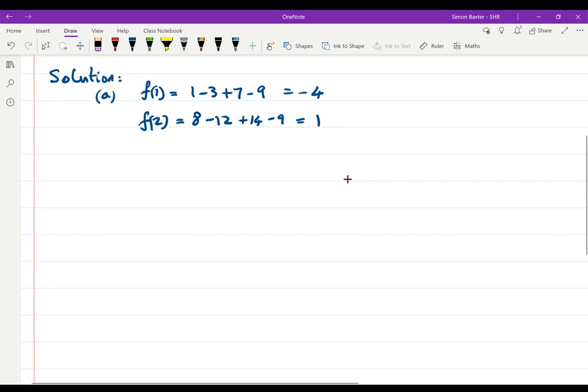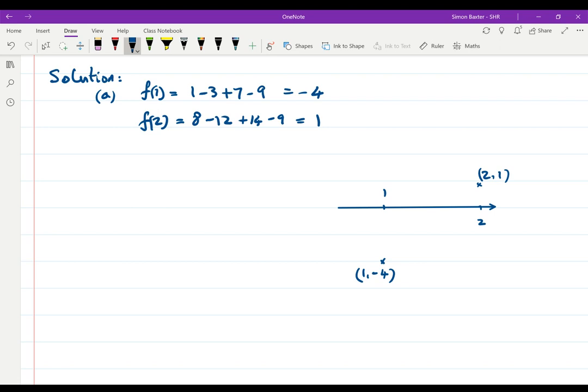So if we take an x-axis, then we can say first of all that when x is 1, y is minus 4, and so we are somewhere down there. And when x is 2, y is 1, so we're somewhere up there.